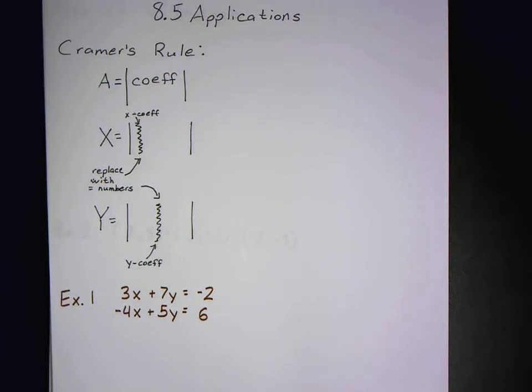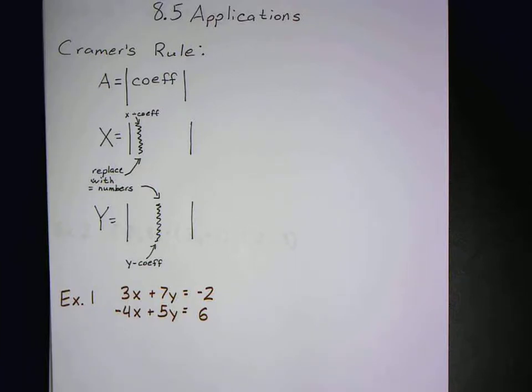Now, the X and the Y matrix begin as the A matrix. I should put that in there too. It starts as the A matrix. You just take out the X coefficients, you replace them with whatever was there as the equal signs. Again, I have an easier time showing than explaining.